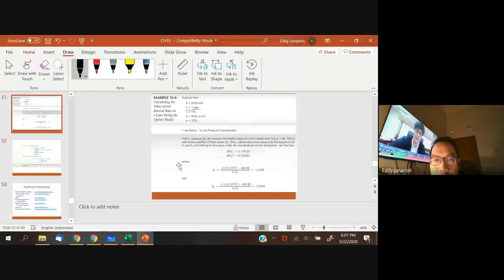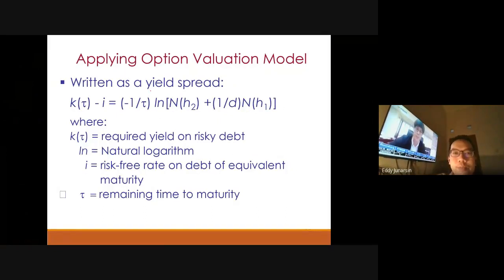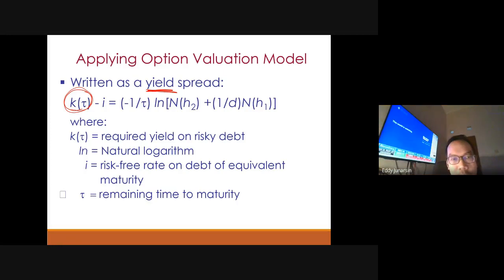One more thing. What if we want to know the yield spread? This is the yield on the loan, the market interest rate on the loan, minus the risk-free rate. So we could estimate this as follows.